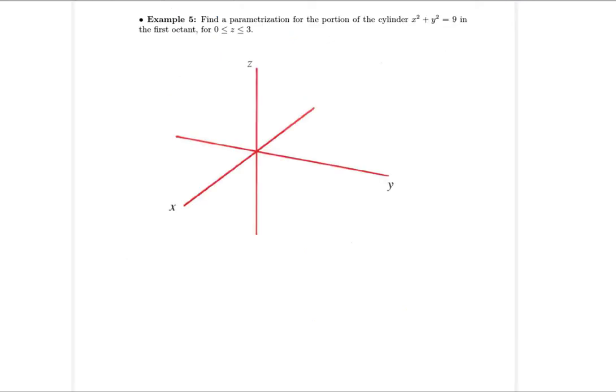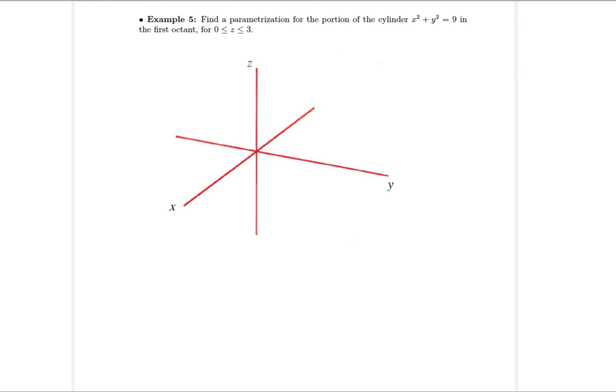All right, so let's look at example 5. It says, find the parameterization for the portion of the cylinder, x squared plus y squared equals 9, in the first octant for z going from 0 to 3. Now, a good general principle here is that if they're telling you that a particular variable is going between 0 and 3, then a lot of times that means that we want that to be one of our variables, right?